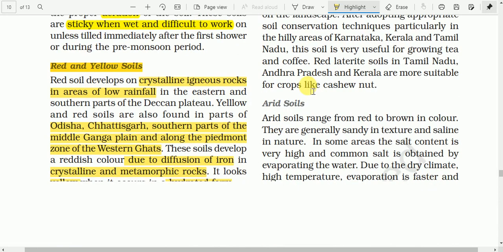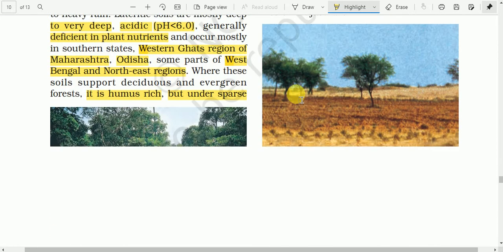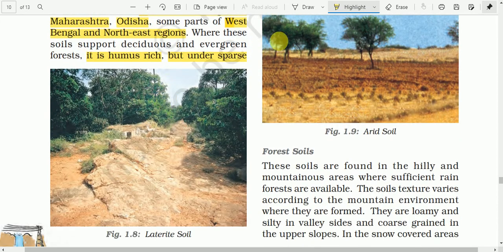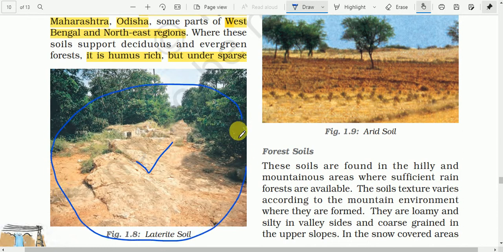That means in areas of dense vegetation, the humus content is rich, and in areas of sparse vegetation it is poor. So this figure number 1.8 shows laterite soils. I think you will be seeing these photographs here, and this photograph shows a sample of laterite soils.